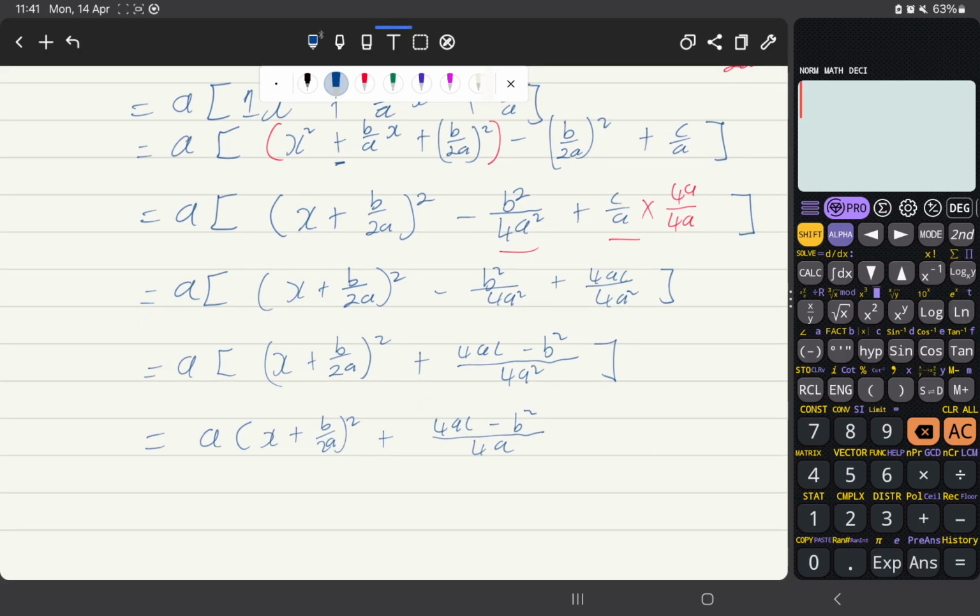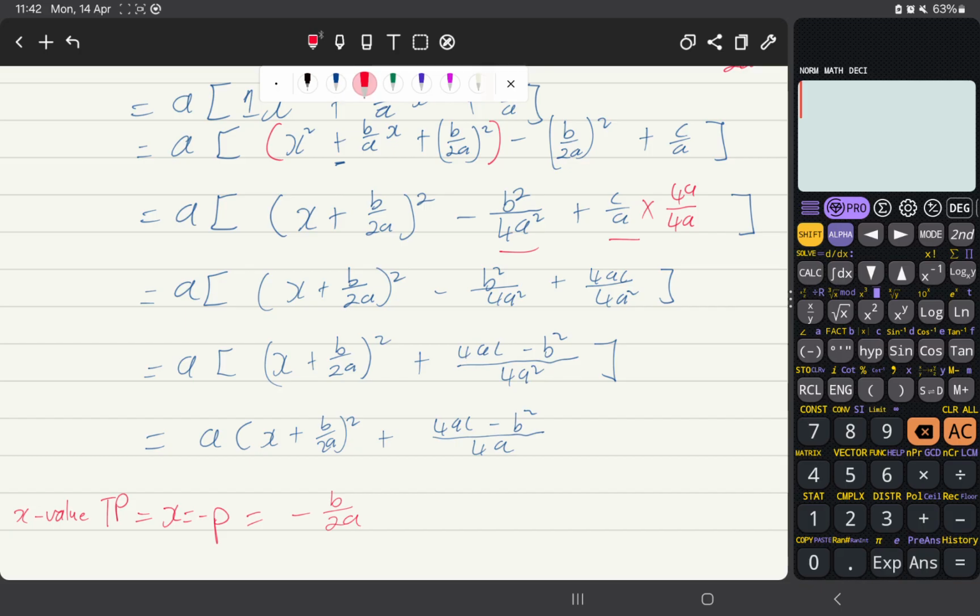And I want to show you something, guys. p is equal to negative b over 2a. Or maybe let me go like this. The x value of your turning point is x, which is minus p, which is minus b over 2a.